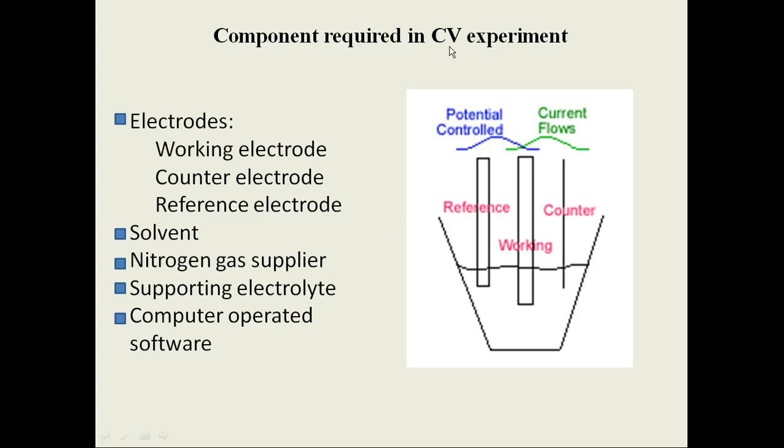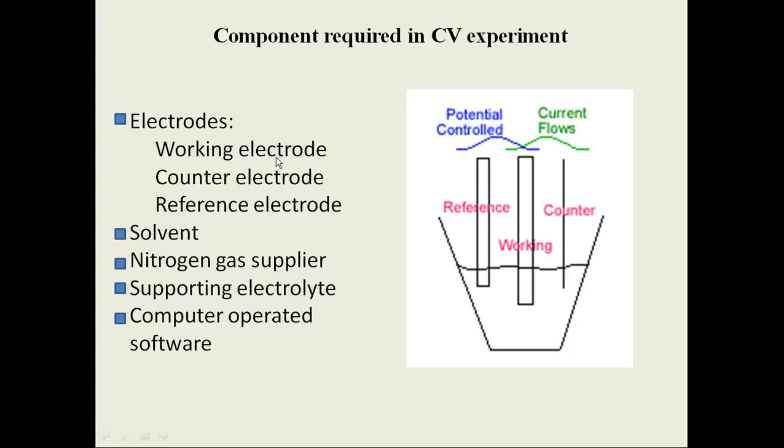Here are the components required for CV. CV requires a working electrode, a counter electrode, and a reference electrode. These are the three types of electrodes required in cyclic voltammetry.